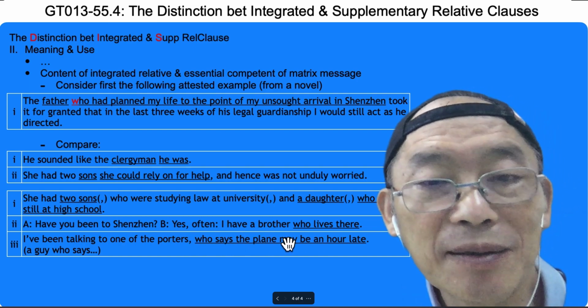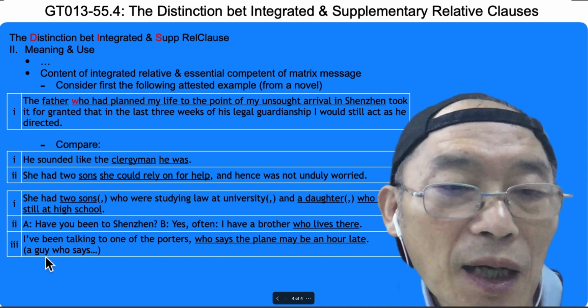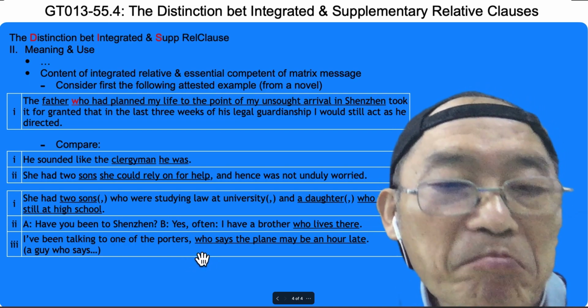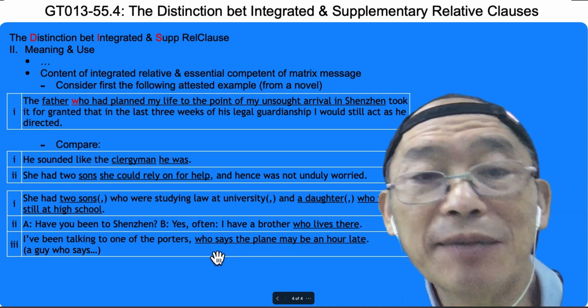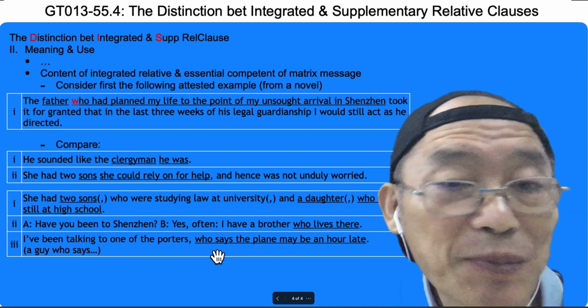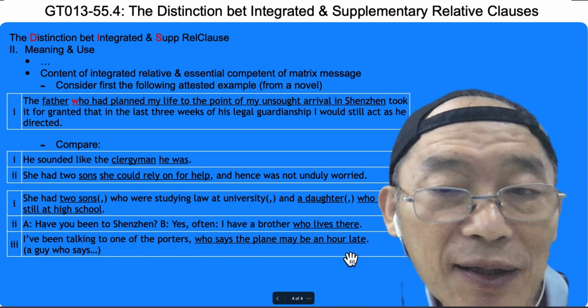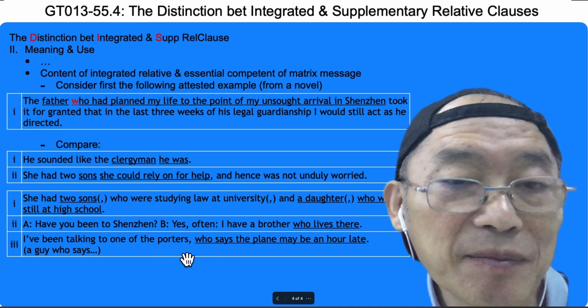A direct report using a comma. I've been talking to one of the porters, who says the plane may be an hour late. That's supplementary. Who says could be anyone, not a fixed person, not a fixed porter.